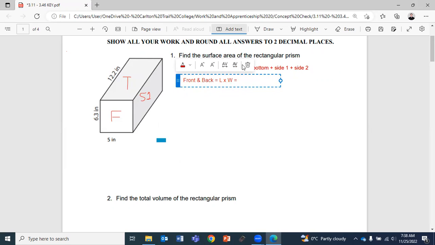If I multiply that out, I should end up getting 31.5 inches squared. That is the area of just this one side, but I'm doing the front and the back, so I need to times this by 2, which is then going to give me 63 inches squared.